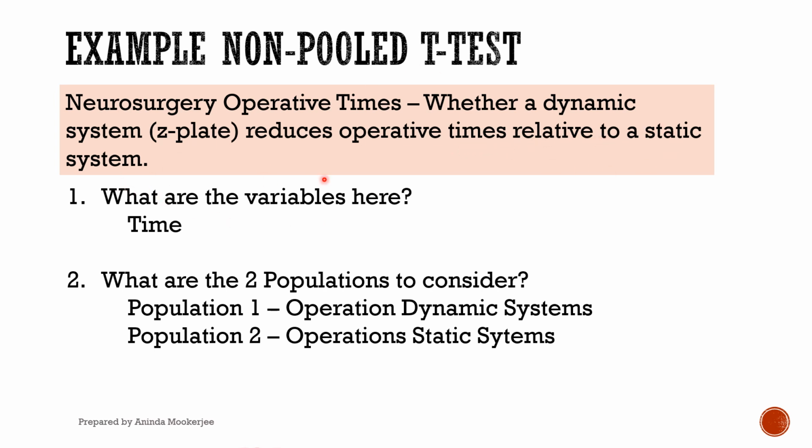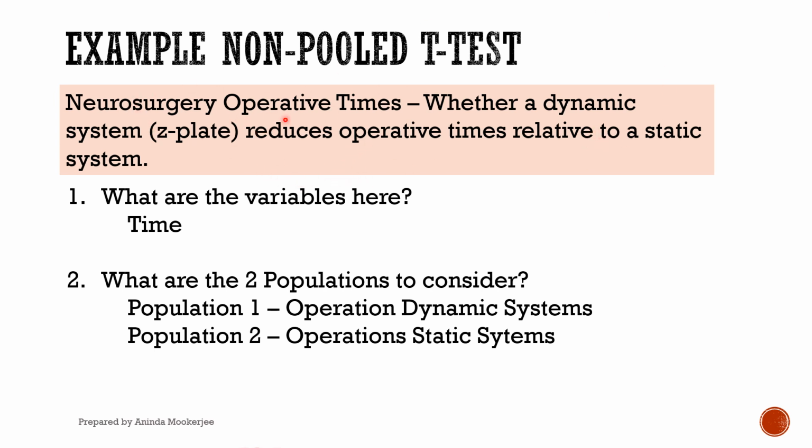So they're talking about two different procedures to perform a neurosurgery, and they want to see the effect of using the two different ways of performing the surgery, what effect that has on the time taken to complete the surgery.